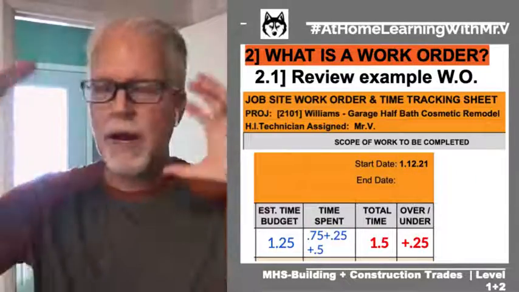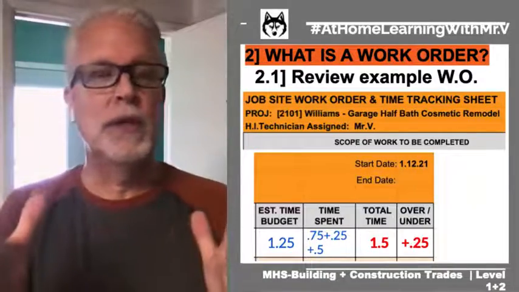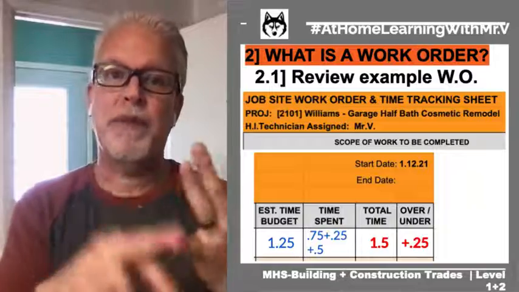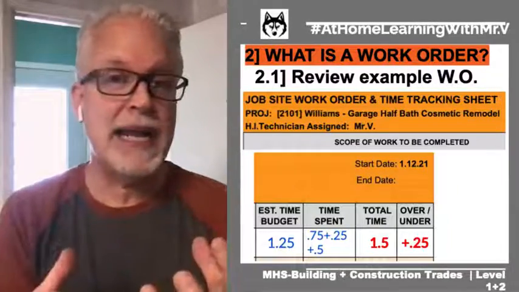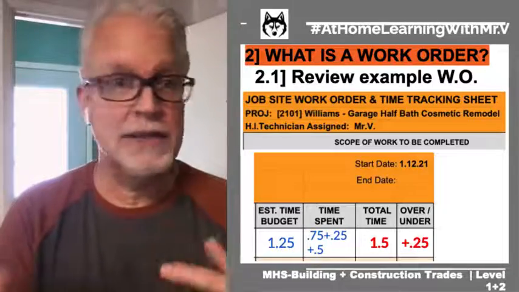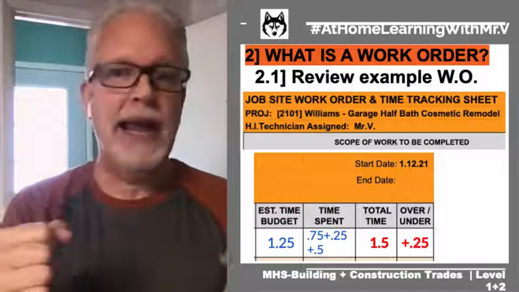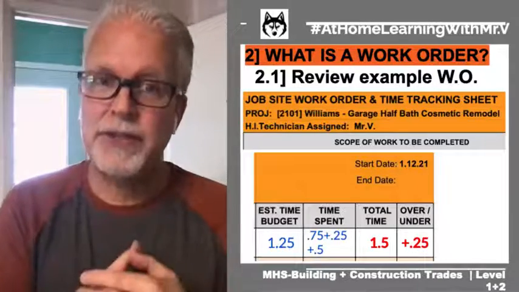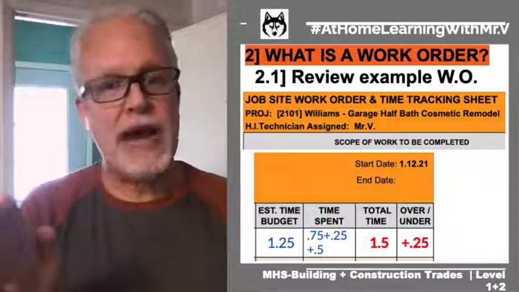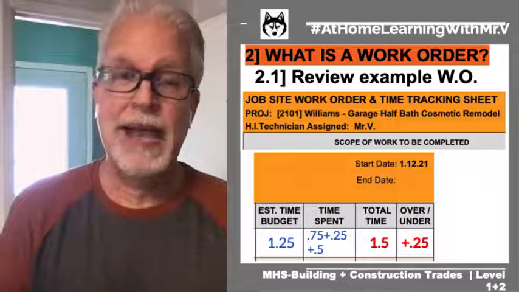This is where this document and this process of thinking everything through really helps us to be a profitable, sustainable trade professional and not lose money or not overcharge our clients and lose jobs. It's all this huge balancing act, and it all comes down to this right here. Trying to estimate as accurately as you can and then keeping track so we know as the project is going, not just at the end, okay?